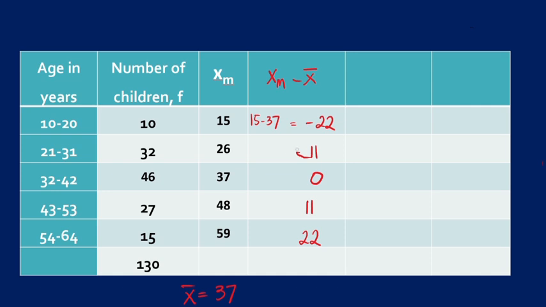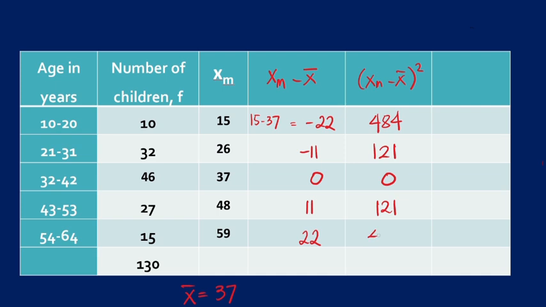In the next column, we're going to square the deviations from the mean. So negative 22 squared would be 484. Negative 11 squared is 121. 0 squared is 0. 11 squared is 121.